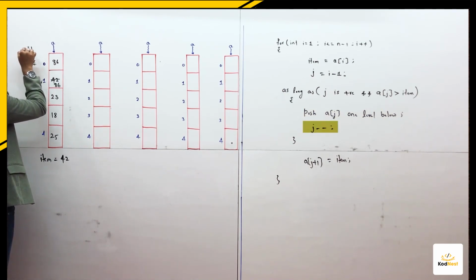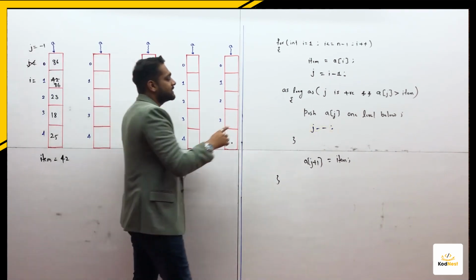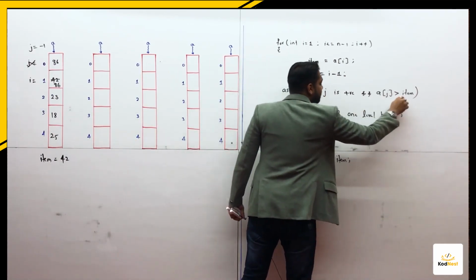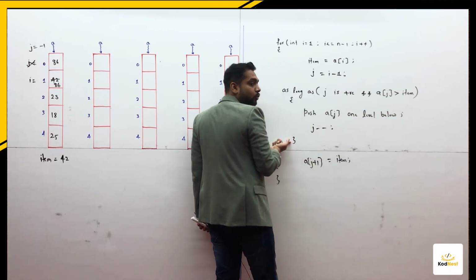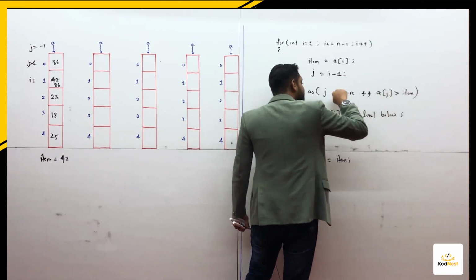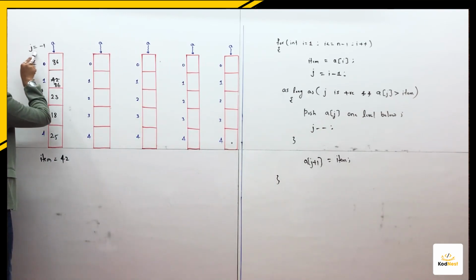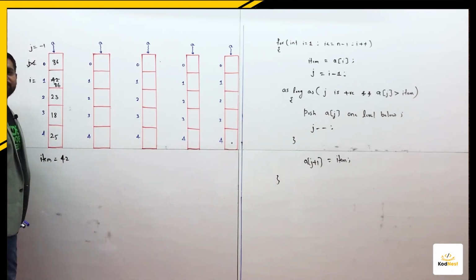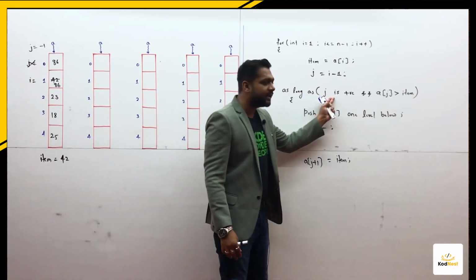Decrement the value of j. J becomes minus 1. As long as j is positive and a of j is greater than item, push a of j one level below and decrement the value of j. Done. You go back and check again. J became negative, so this condition would fail.